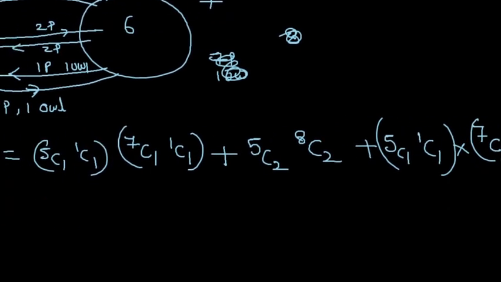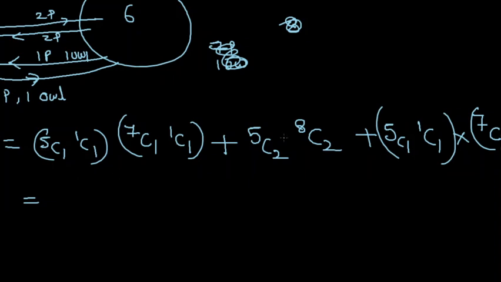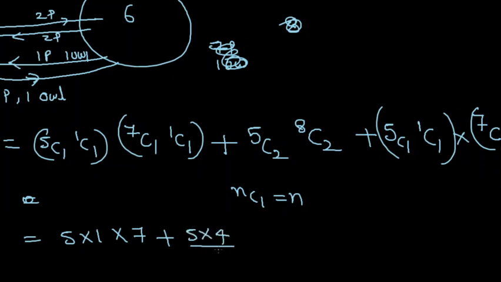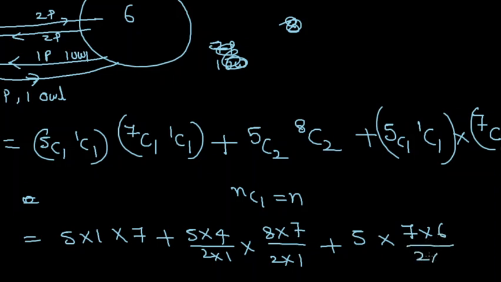Now let us find the total outcomes. 5C1, always remember nC1 is always n. So 5C1 is 5, 1C1 is 1, 7C1 is 7, plus 5C2, which is 5 into 4 divided by 2 into 1, times 8C2, which is 8 into 7 divided by 2 into 1, plus 5C1, which is 5, into 7C2, which is 7 into 6 divided by 2 into 1.